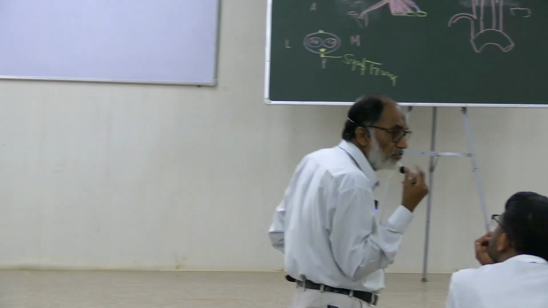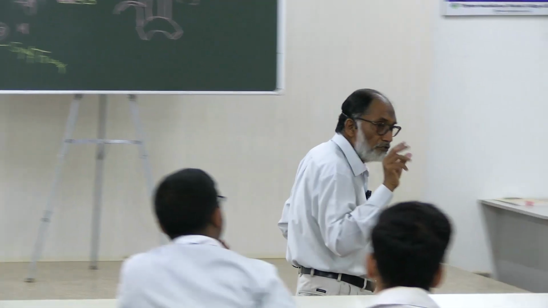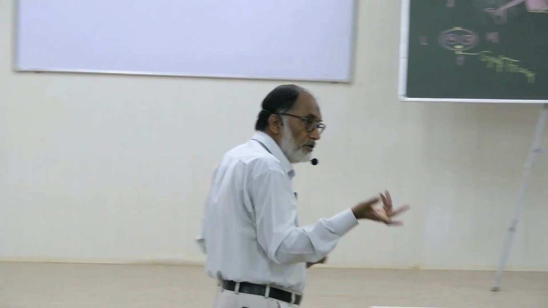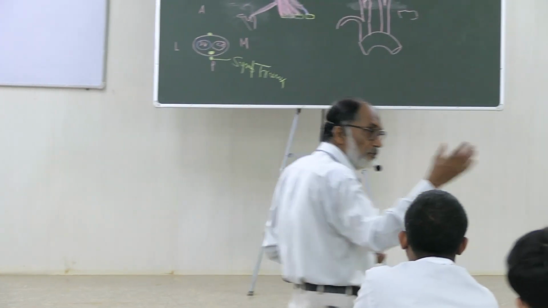What is the function of this carotid body? It acts as a chemoreceptor. What is a chemoreceptor? What does it detect? It detects the tension of carbon dioxide or oxygen.